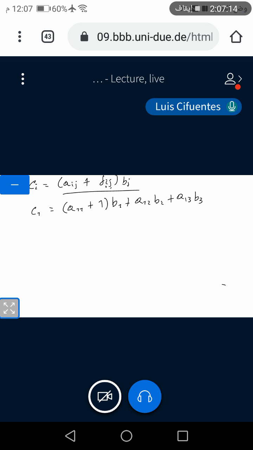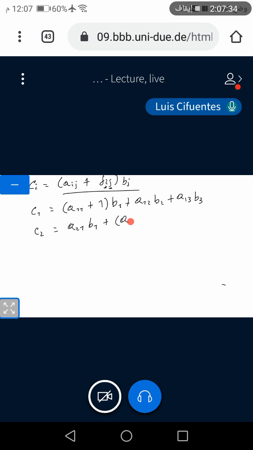Solving for the second component, C2, is A21 B1, because using this Kronecker delta, 21 is 0.